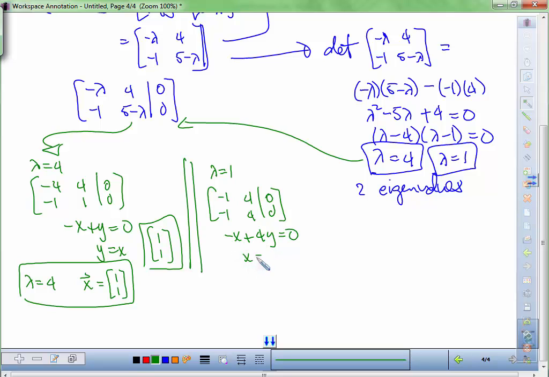So x is equal to 4y. And then your corresponding eigenvector would be 4, 1. So when lambda is equal to 1, your eigenvector is 4, 1.